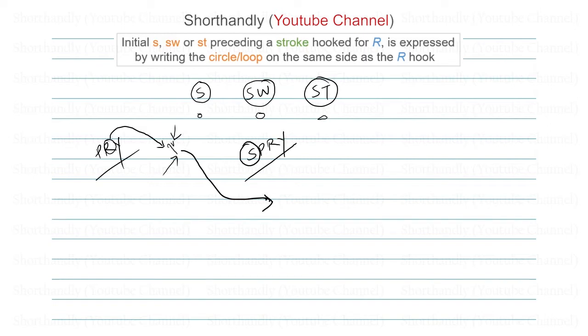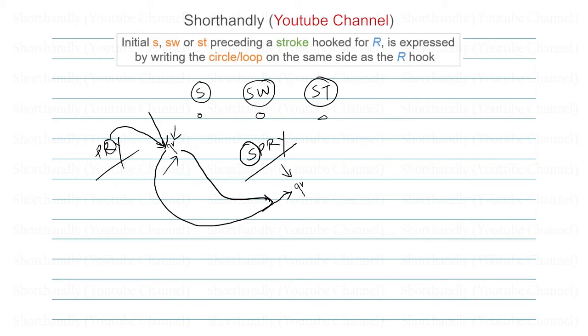As the statement says, we can represent S by making the circle or loop on the same side as the R hook, which means that we can make the circle on this side. So spry will be made like this. See what we did here, we just turned this hook into a circle so that we can get the sound of S, and at the same time we can also get the sound of R. So this word is spry.